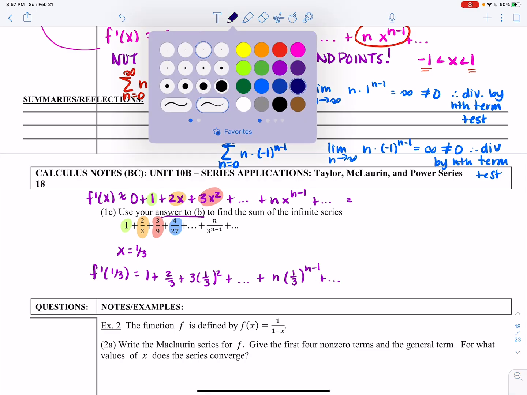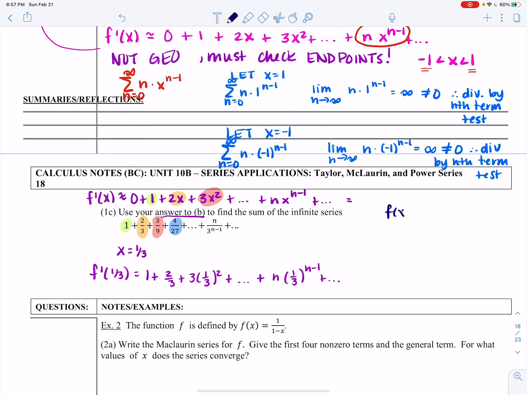So let's rewind. If f of x is equivalent to 1 over 1 minus x, which I could rewrite as 1 minus x to the -1 power, the derivative, if I actually took the derivative of this function, would be -1 times (1 minus x) to the -2 times -1, because of chain rule, which is really 1 over (1 minus x) squared.